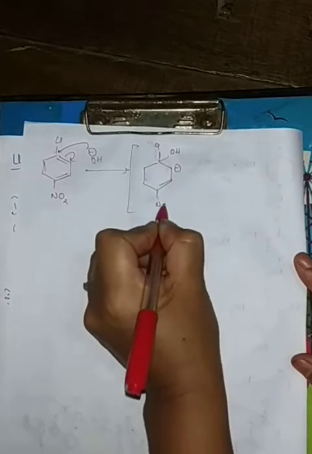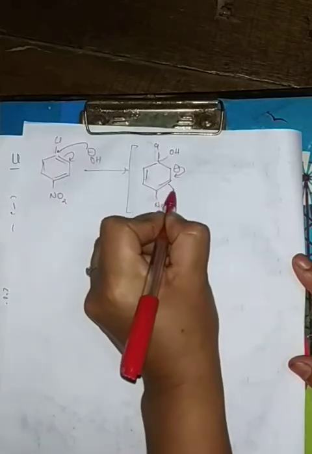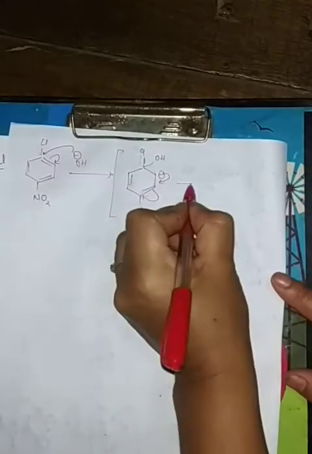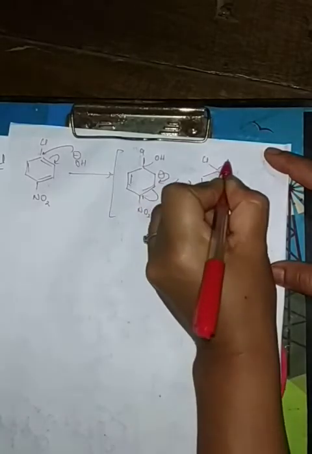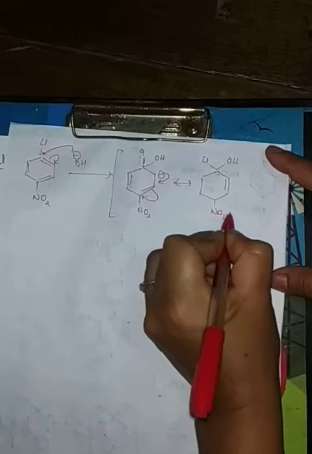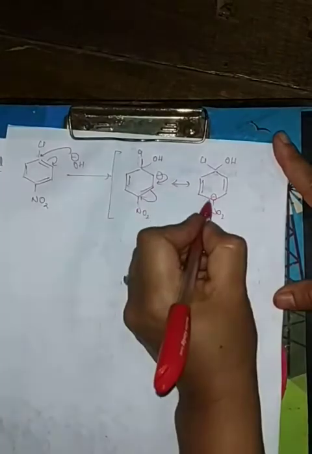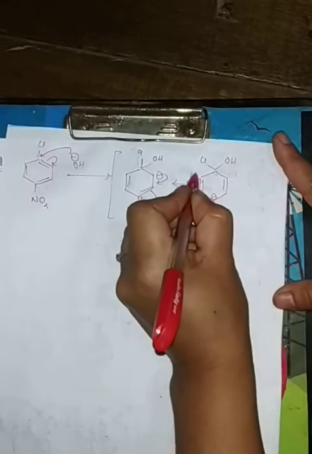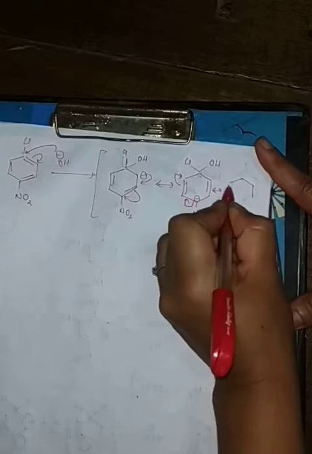Now if this electron pair shifts, it comes here to this carbon atom. Now here we'll be getting Cl is here, OH is here, double bond, our NO2 is here, the negative charge is on this carbon atom, electron pairs. Now if this negative charge goes, this comes, and then we'll be getting our third resonating structure.